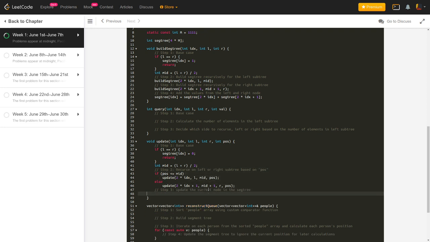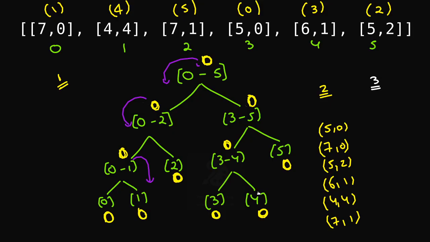Okay, step 3. Once we have done the update part, based on whether this position corresponds to the left subtree or the right subtree, we again need to update the current node. This is the reason: suppose we had a 1 here, and I'm making it a 0, then I need to update the node which is the parent of this.